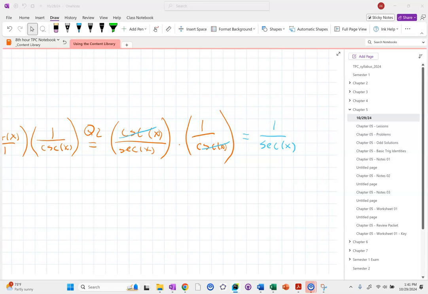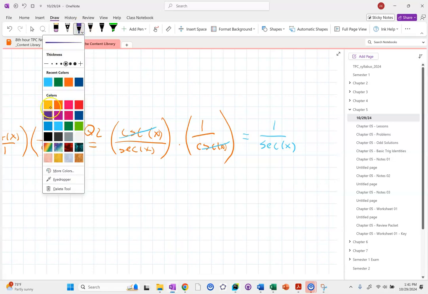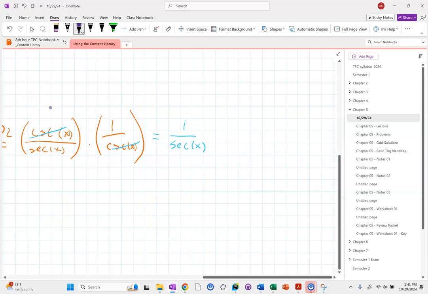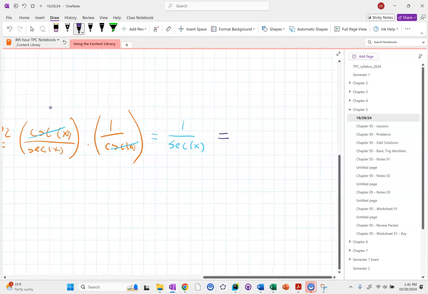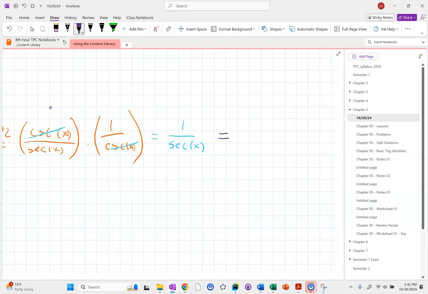Maggie, what can I do from here? I have 1 over secant. Algebra or identity? Yeah, great. What identity can we use?